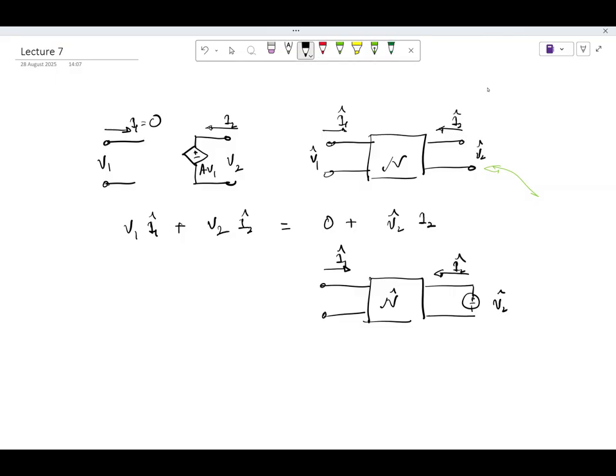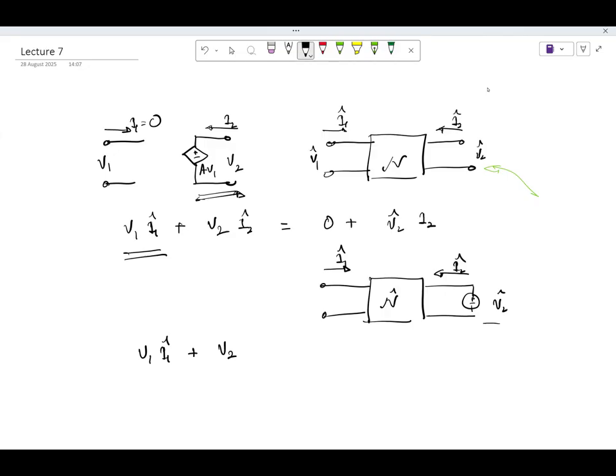So if we do this, which term goes to 0? This definitely remains as is, V1 I1 hat plus V2 I2 hat. V2 is not 0 anyhow.